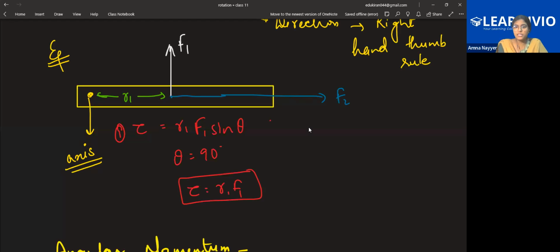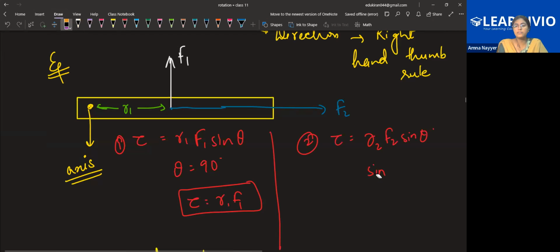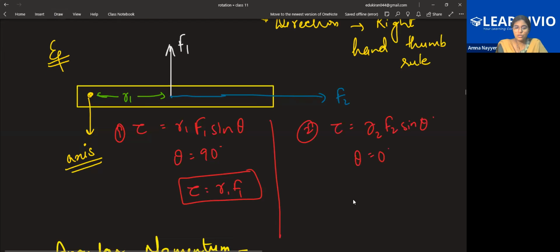But when we are calculating for the second one, torque is equal to R2 F2 sine theta, and here theta is equal to 0 degrees, so torque will straight away be 0. This is how you calculate. It's just a small example. You will be asked to solve questions, and there will be lots of applications. First write it, then we'll start with angular momentum.